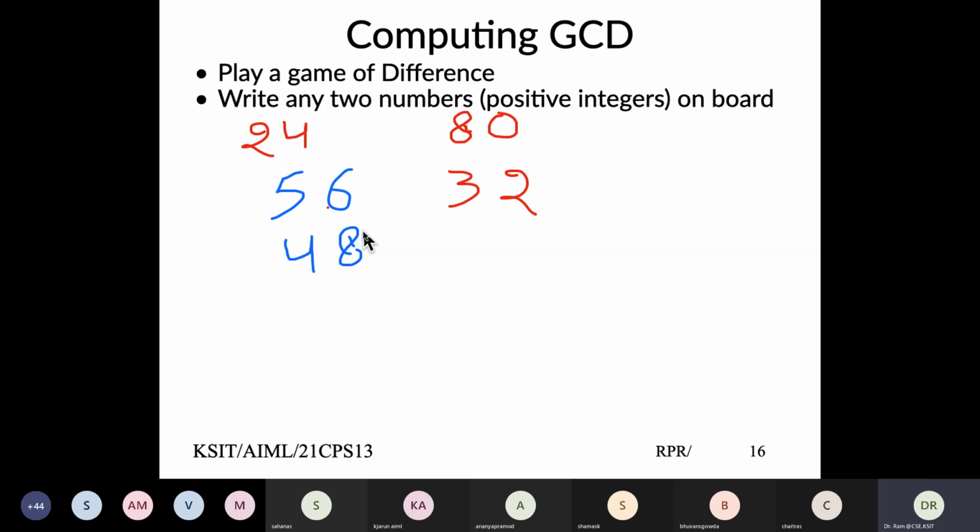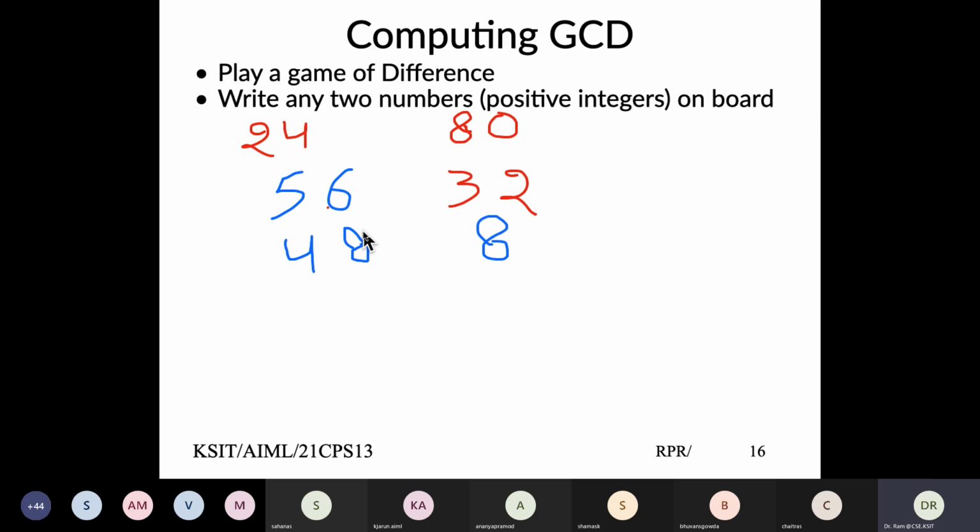Can you see that, guys? Okay, got it, sir. Now, can you write another number? 8, sir. How do you get 8? 56 minus 48, 8. Fair enough.